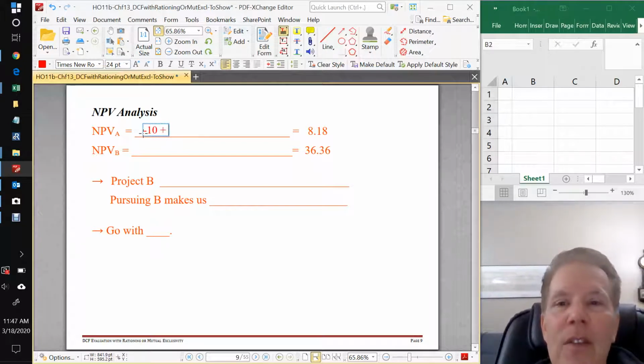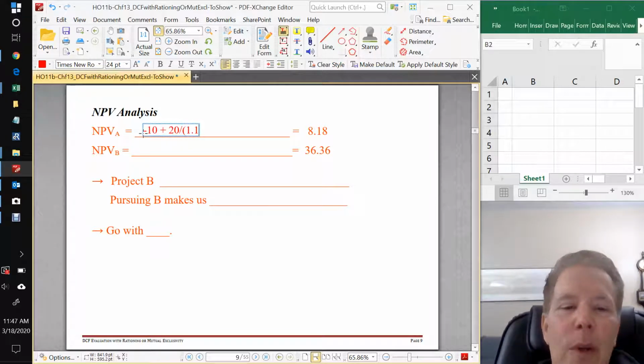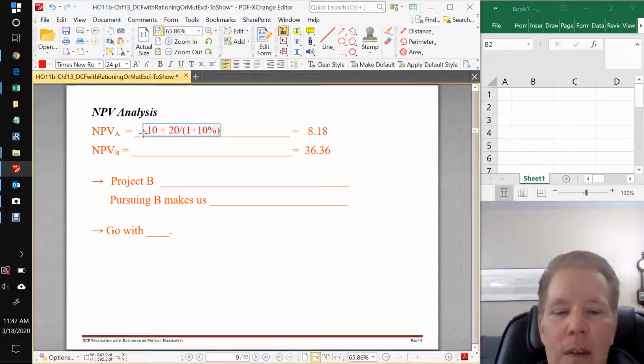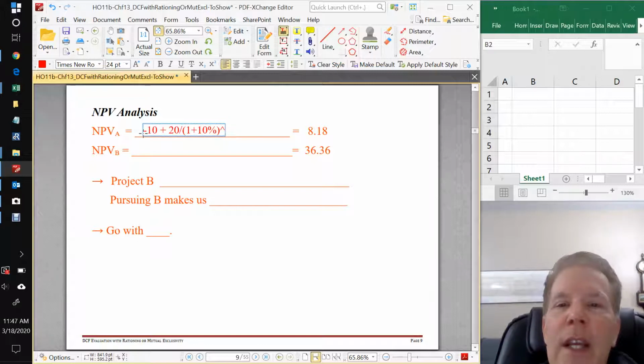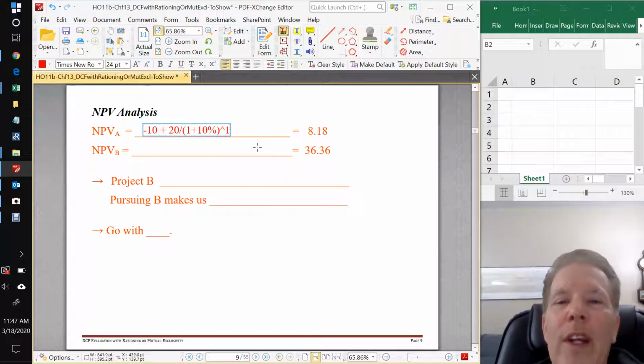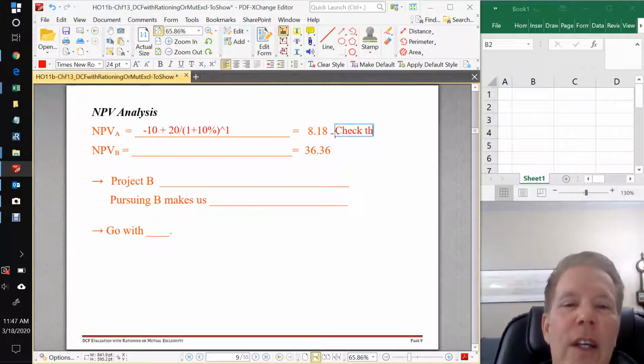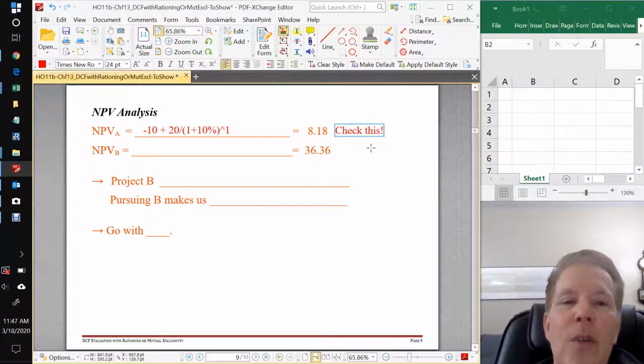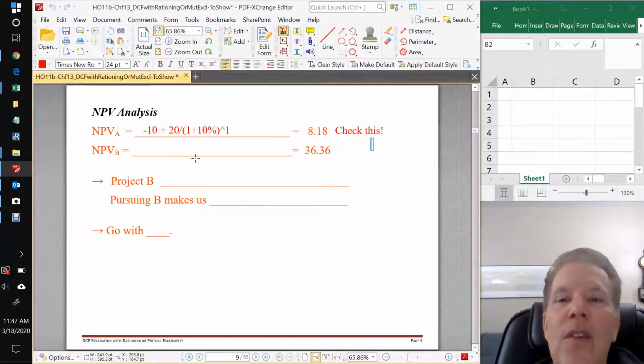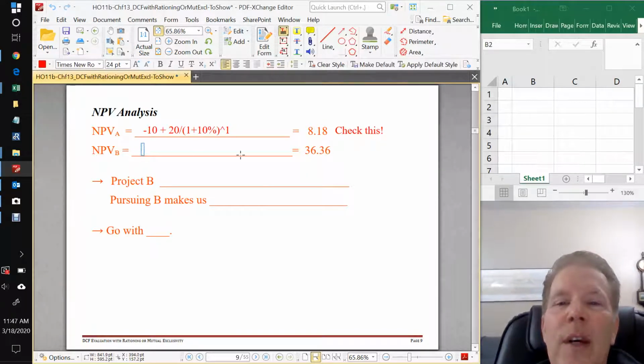So we have minus 10 plus 20 divided by 1.1, or we could say 1 plus 10%, right? And if we wanted to be really anal about it, we could say raised to the 1. And when I do that, I get 8.18, and you should check this, right? Make sure you can do this. Great way to make sure you understand what's going on in the homework. Great way to start studying for exam 2.